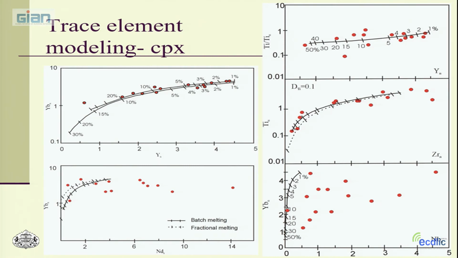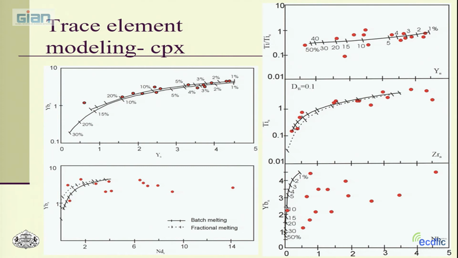But when the same sort of trace element modeling is done taking other elements into consideration, for example ytterbium versus neodymium, you can see a big spread that does not follow this melting curve. Here you can see it follows a melting curve, but actually the distribution coefficient was changed considerably, and therefore it follows over here.